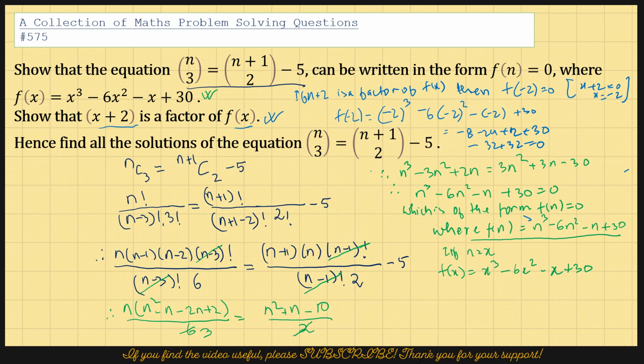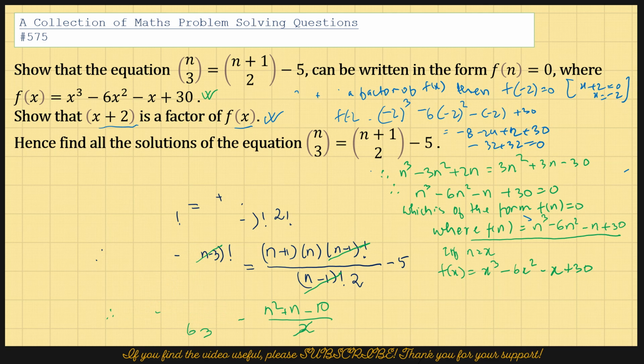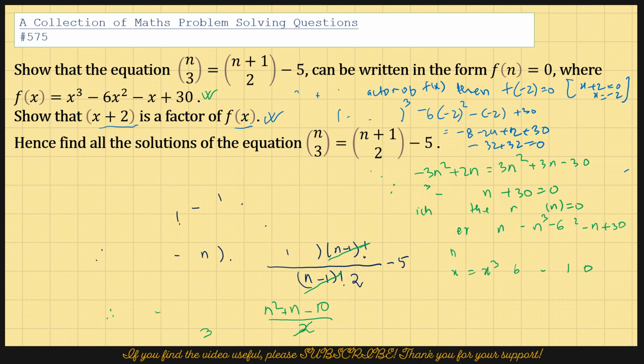So now the final bit. For that we need to divide the expression x cubed minus 6x squared, or n cubed, because we've been asked to find the solutions to the equation nC3 equals (n plus 1)C2 minus 5.